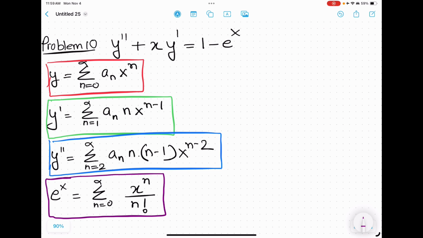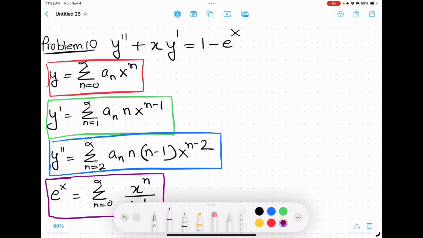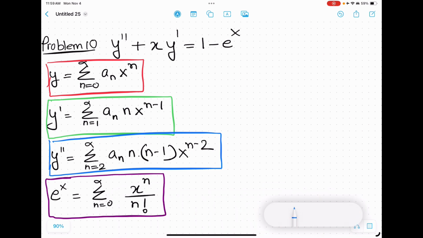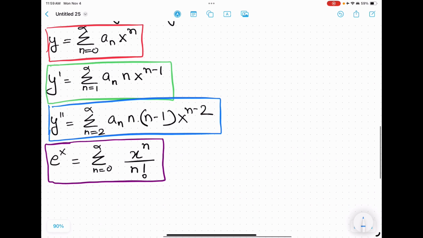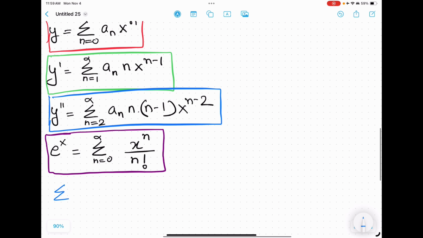Okay, so now plugging our power series into our main differential equation. I have the summation n equals 2 to infinity of a sub n times n minus 1 times x to the power n minus 2.